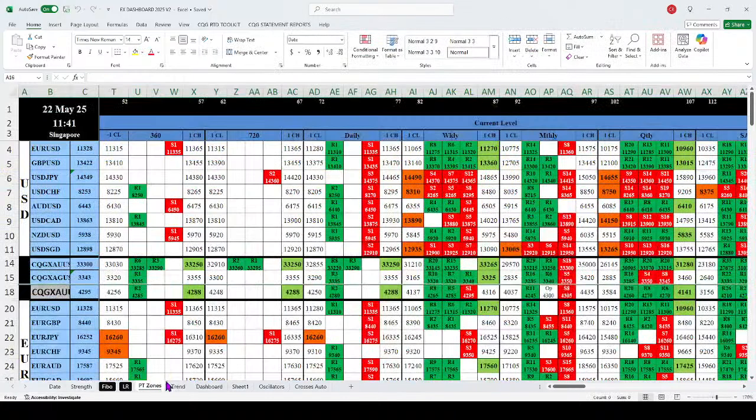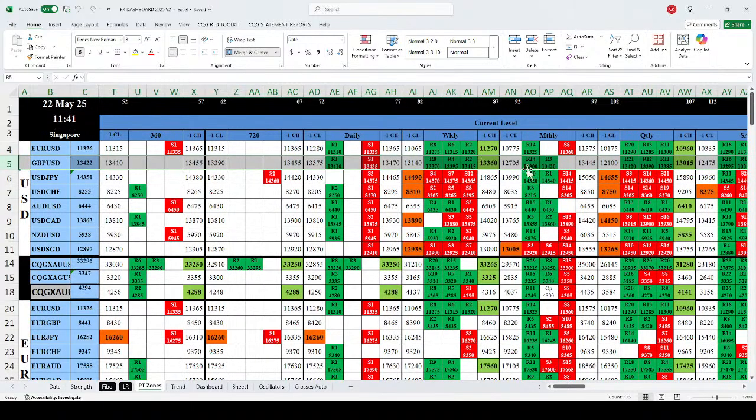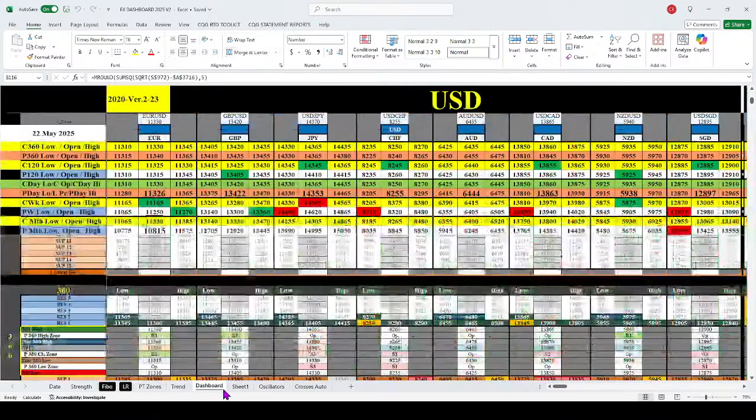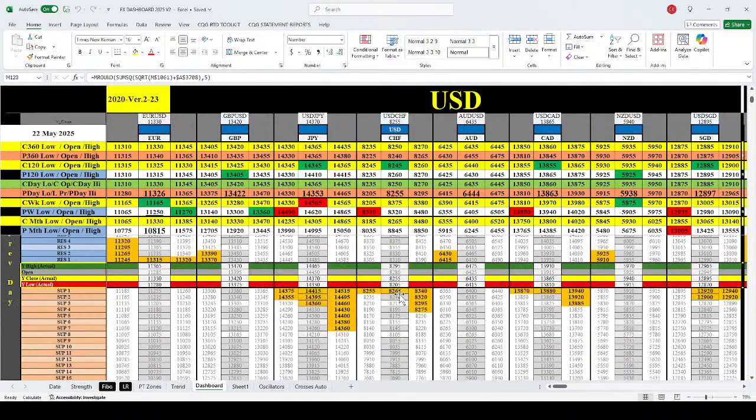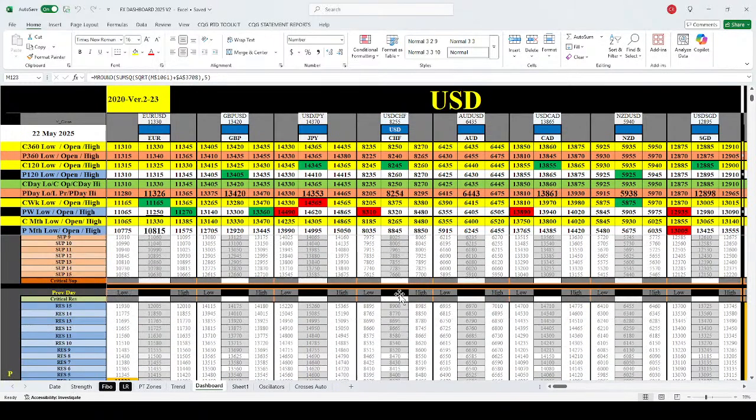As far as the price target is concerned, I think this is also in a similar picture. Daily RR2 or weekly RR5, but monthly looks quite strong compared to euro. That means this has a higher potential to go higher. So we are going to go for a buy on this.